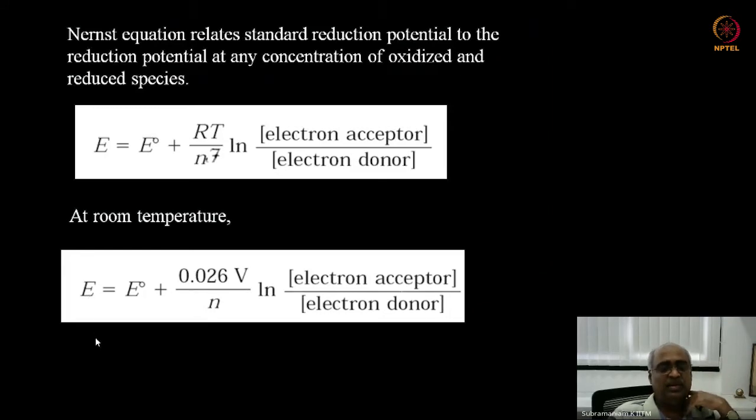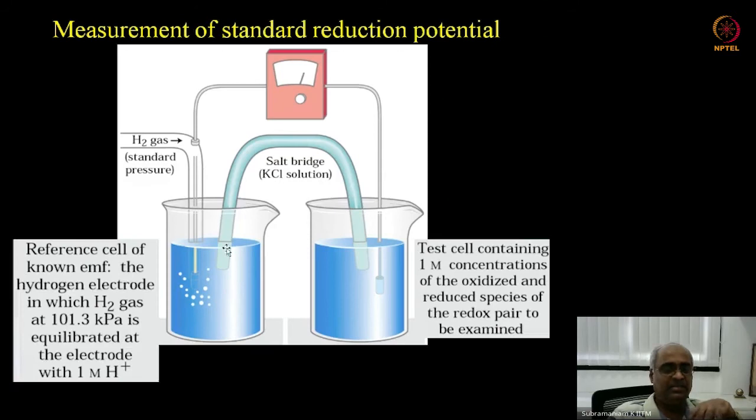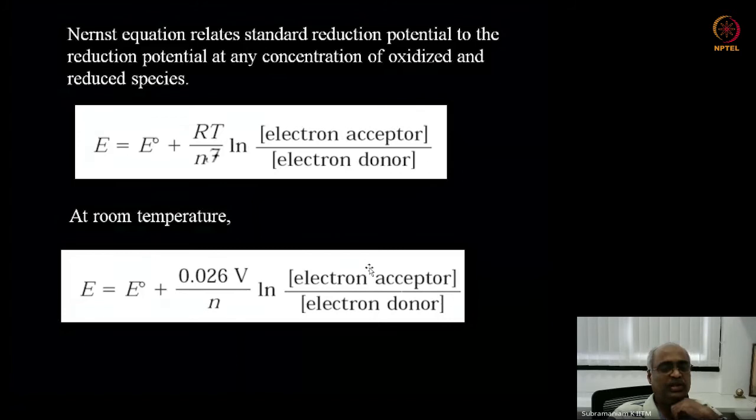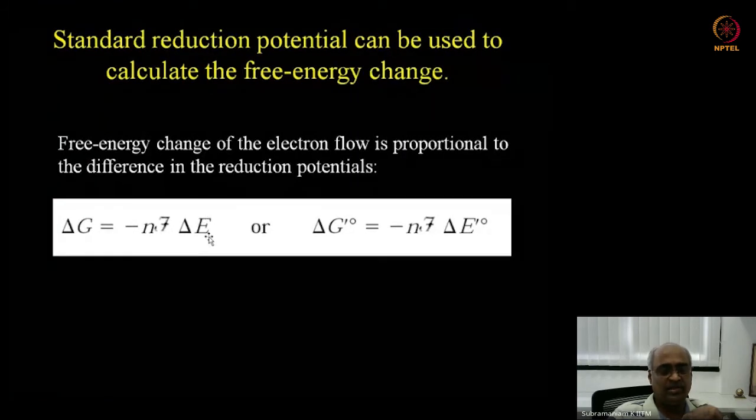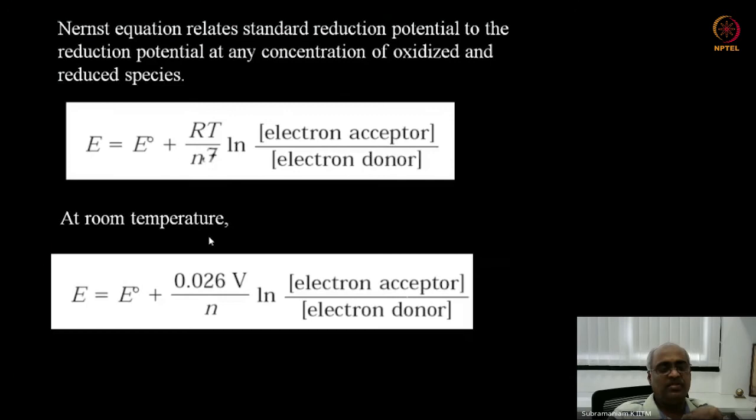And if, instead of hydrogen, I have another redox species, let us say redox pair 1 and redox pair 2, then once you have calculated E for both of them, the difference between the two will be the delta E. Normally we calculate the delta E by taking the acceptor, the higher reduction potential, and subtracting the one with the lower reduction potential.